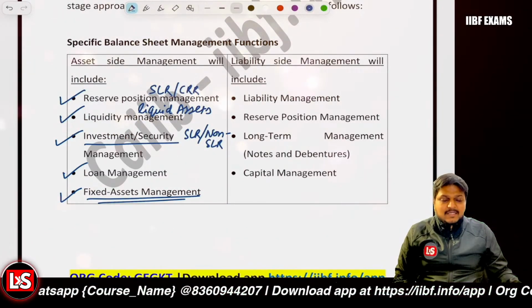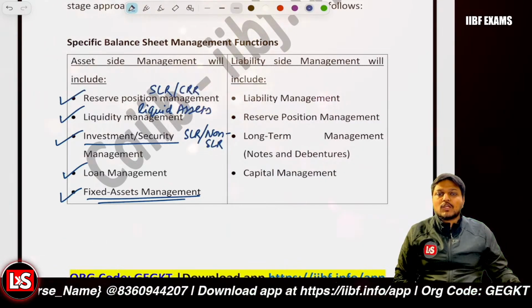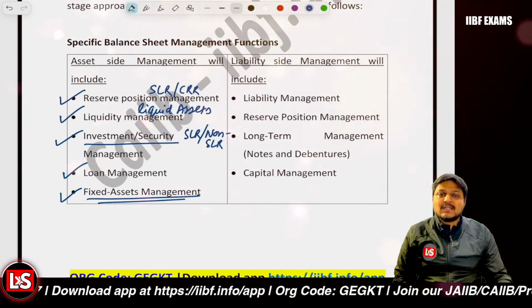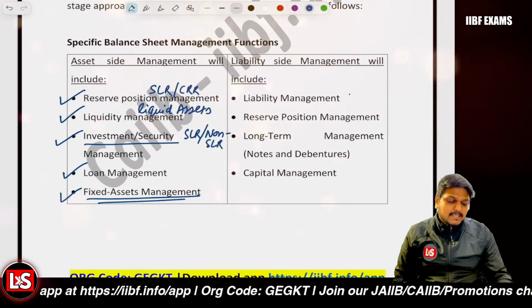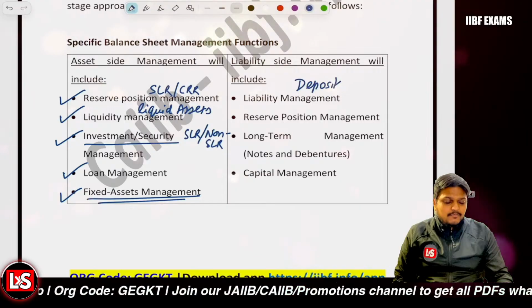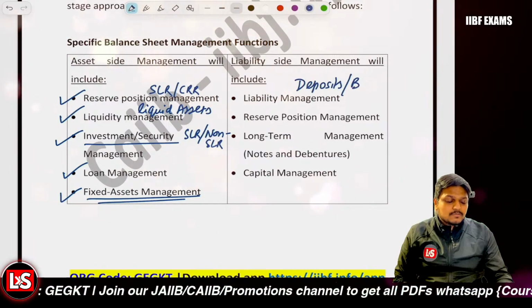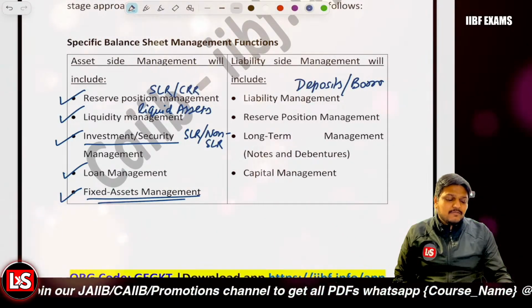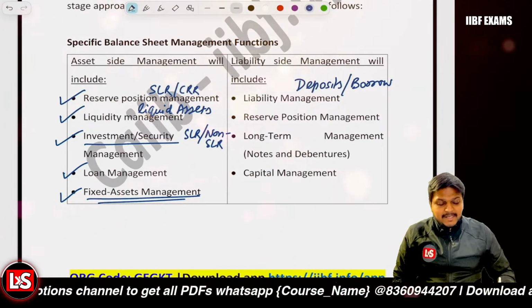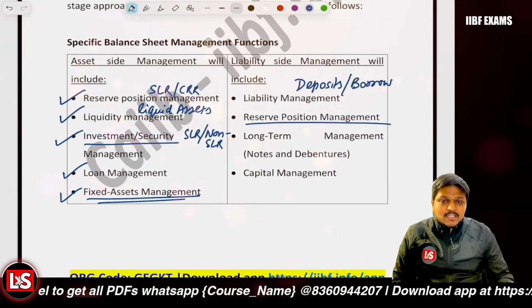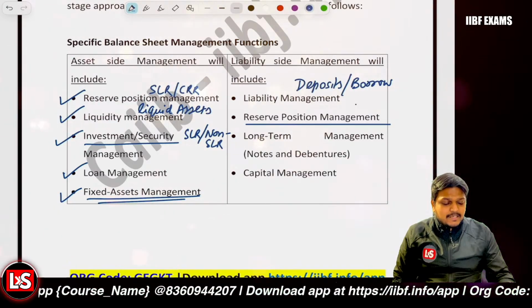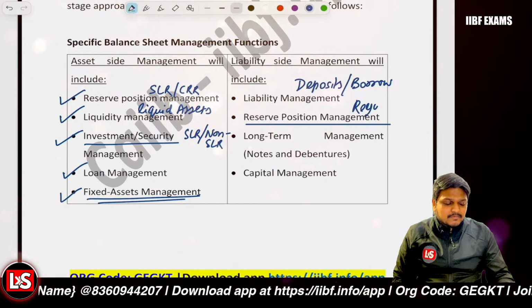And what about liability side management? When we talk about liability management, we are to mobilize deposits and borrowings. Two things are there: either we are mobilizing deposits, or we are borrowing funds. The second one is reserve position management, where we maintain the regulatory reserves.